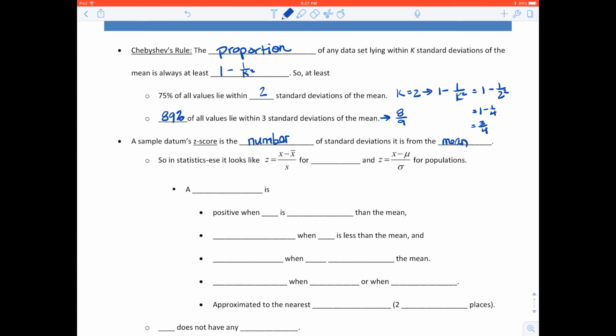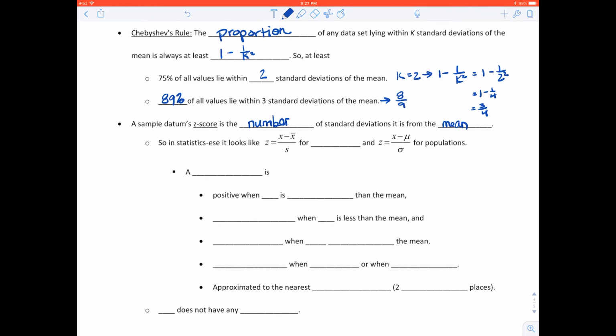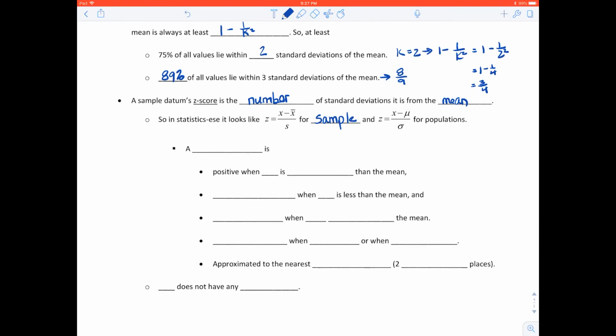All right, so a sample datum's z-score is the number of standard deviations it is from the mean. In statistics-ese, it looks like z equals x minus x bar divided by s for samples, and z equals x minus mu over sigma for populations. A z-score is positive when x is greater than the mean, negative when x is less than the mean, and 0 when x equals the mean, x being an individual data value.